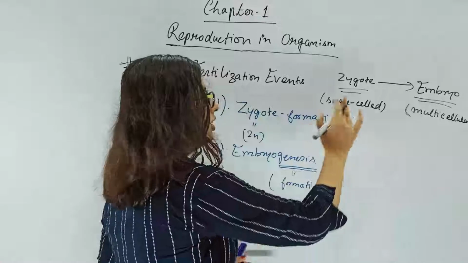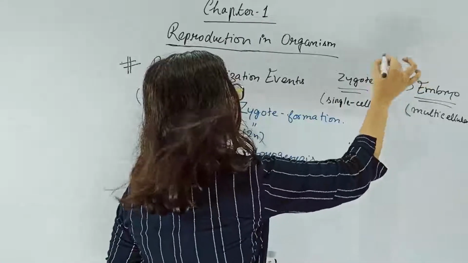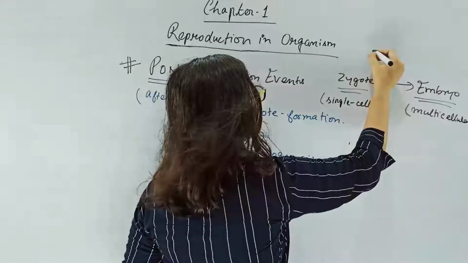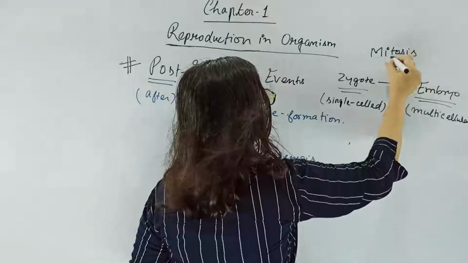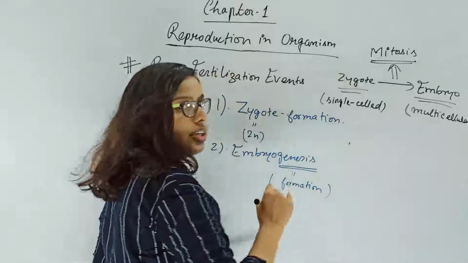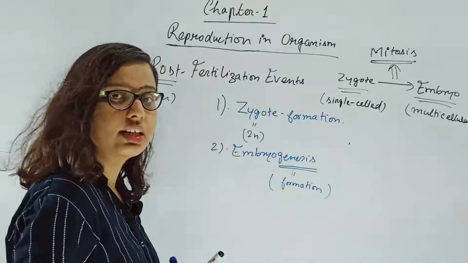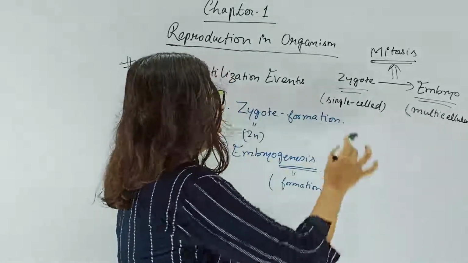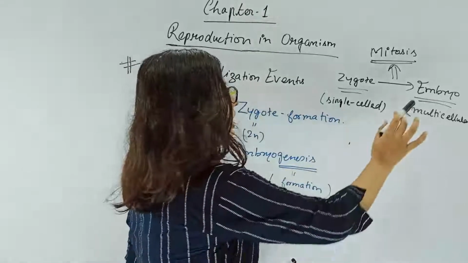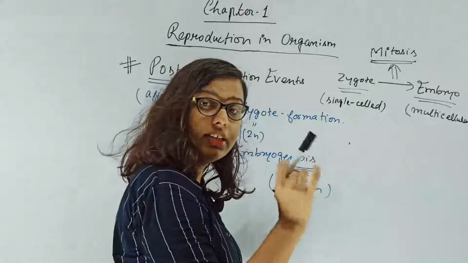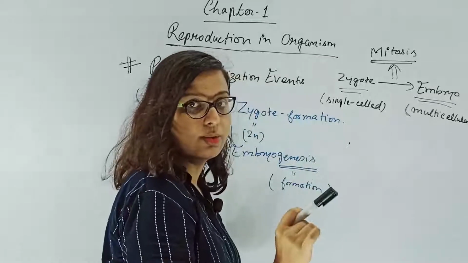Embryo is multicellular. So there has to be a cell division, which is basically mitosis. Mitosis is the equational division. There is no reduction in the chromosome number. If the zygote had total 26 chromosomes, then each cell of embryo will have 26 chromosomes.